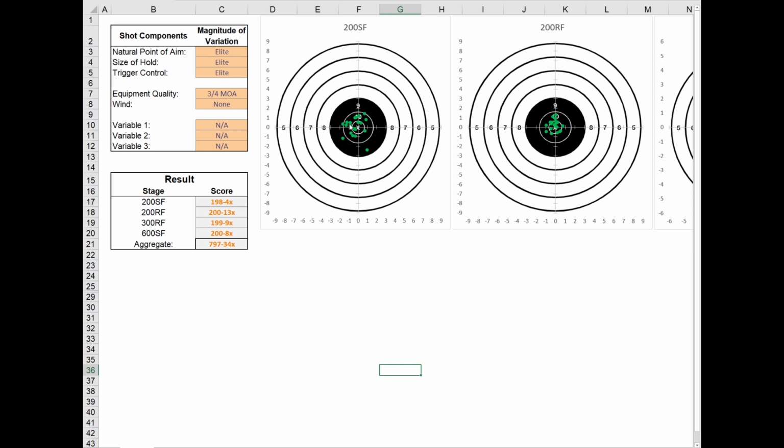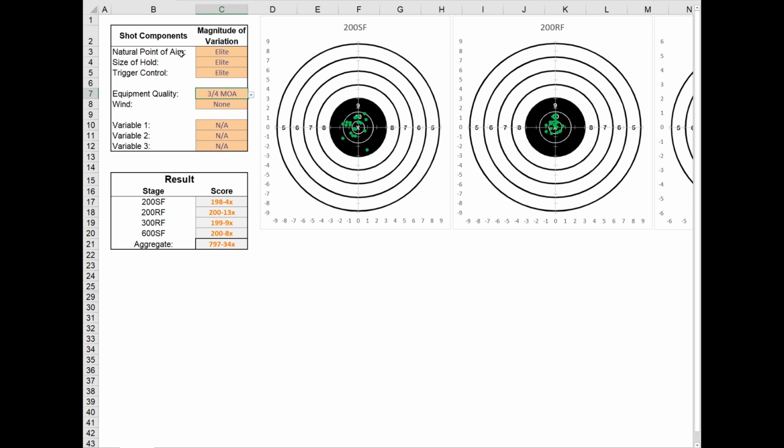Those are your marksmanship components. On top of that, there's the quality of your equipment, which has variation depending on how good your rifle and ammo combo is.